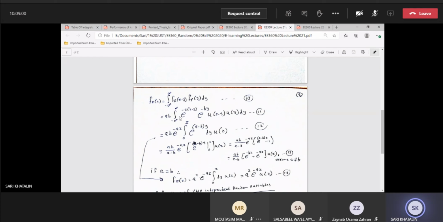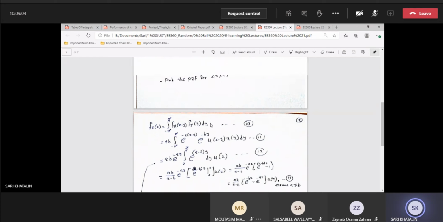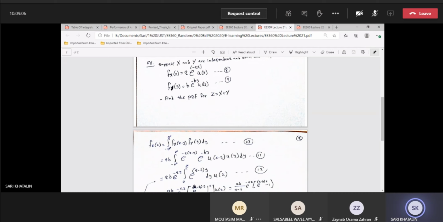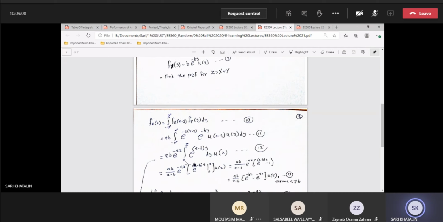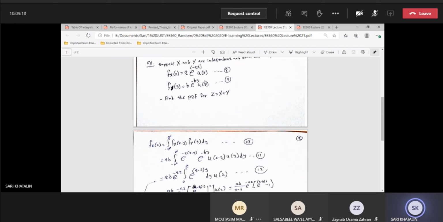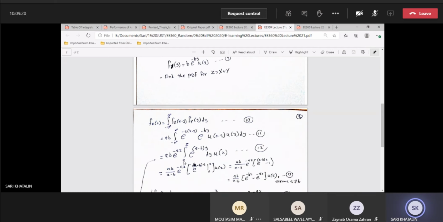Now, since both PDFs are step functions, the PDF is definitely going to be zero or larger. It's not going to be negative. So it's going to start from zero.